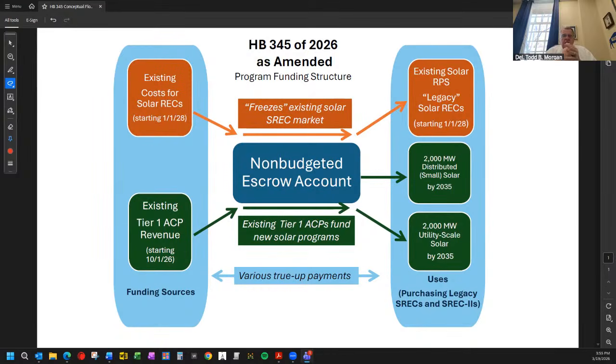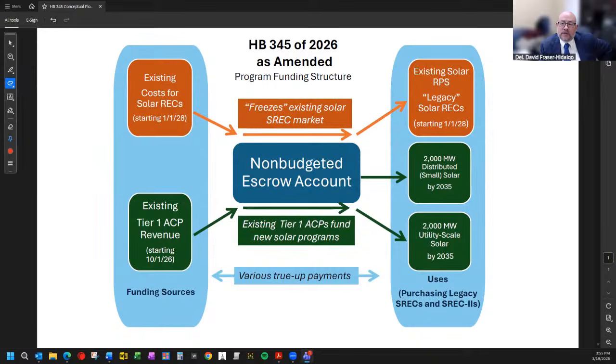Correct. And as structured now it is designed to tail off or sort of sunset itself as ACP revenues decrease. Yes, okay.